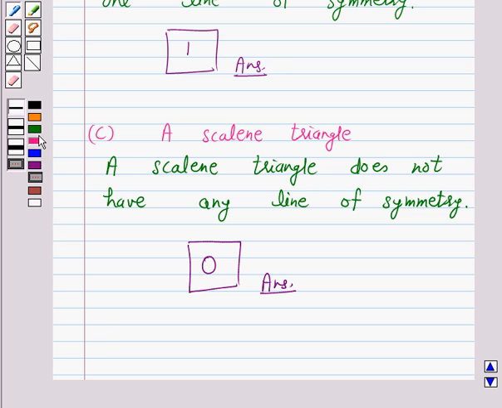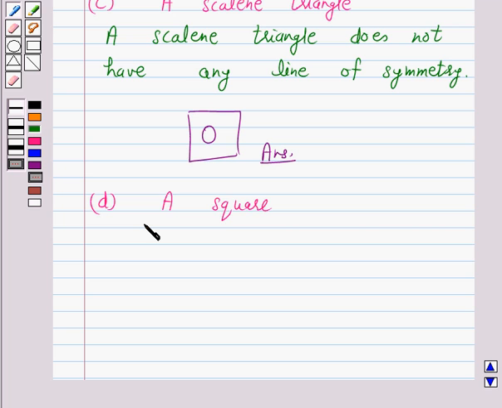Let's move to the next part. Here, the given figure is a square. Now, a square is regular because all its sides are of equal length and each of its angles is a right angle. Also, its diagonals are perpendicular bisectors of one another.